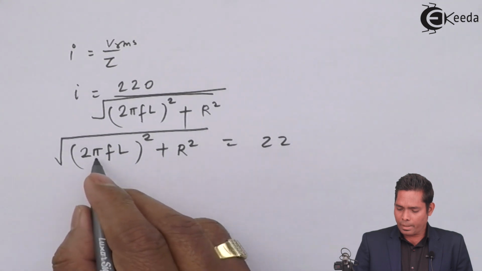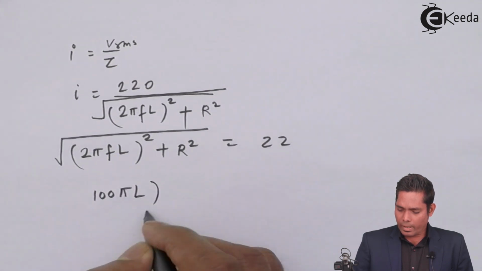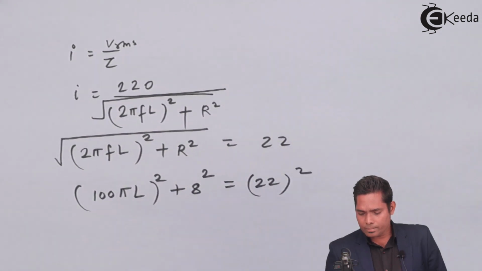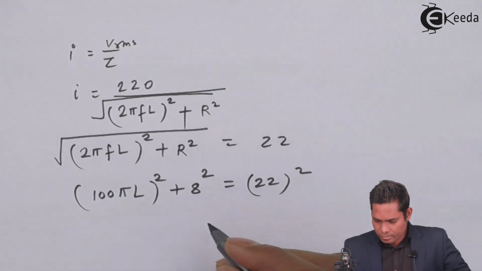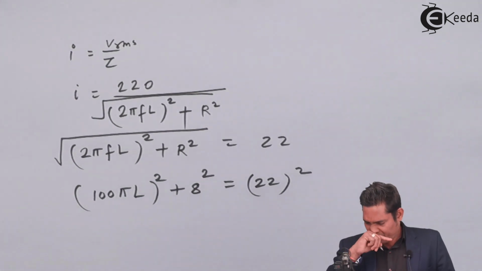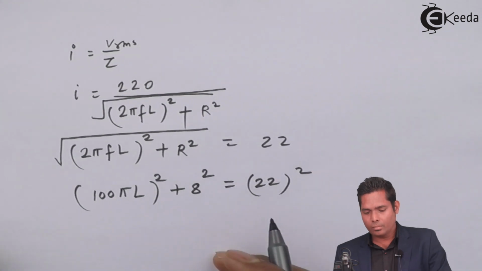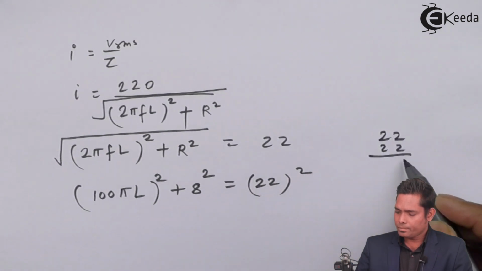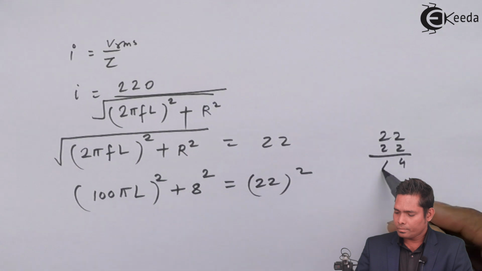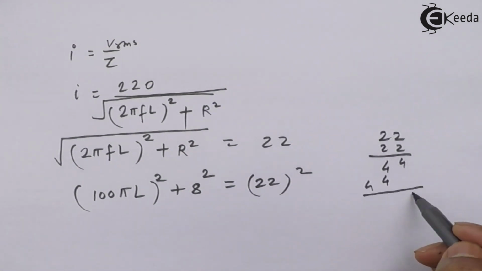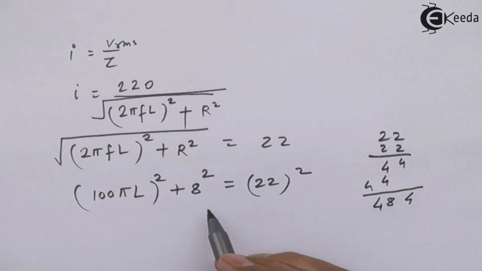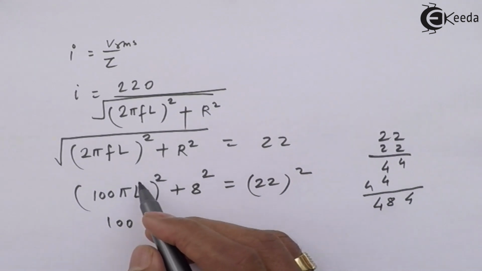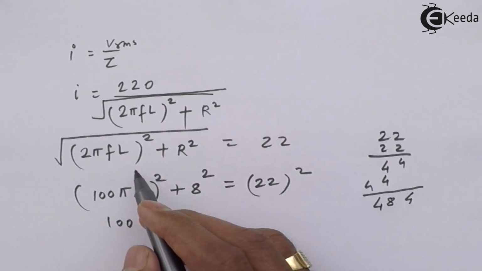This is (100 pi L) square plus 8 square is 22 square. Now 22 square is 484. So why is it 100?